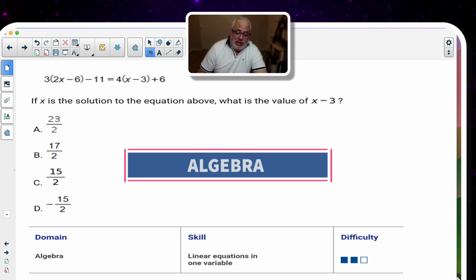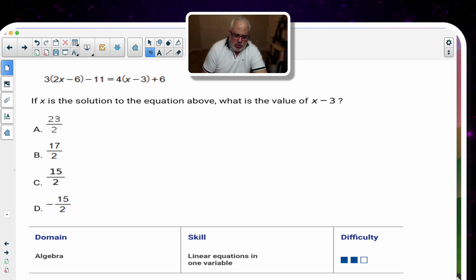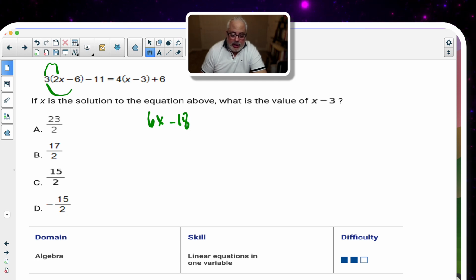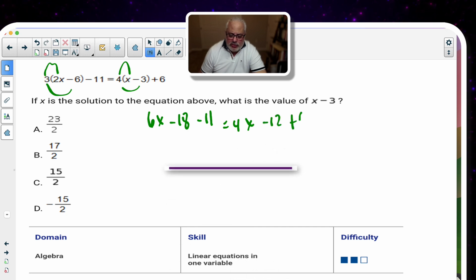Your ability to do the equation fast will save your life. So you can multiply here 3 times 2, 6x, and 3 times negative 6 is negative 18. Minus 11. Equal 4 times x, 4x, and 4 times negative 3, negative 12, plus 6.